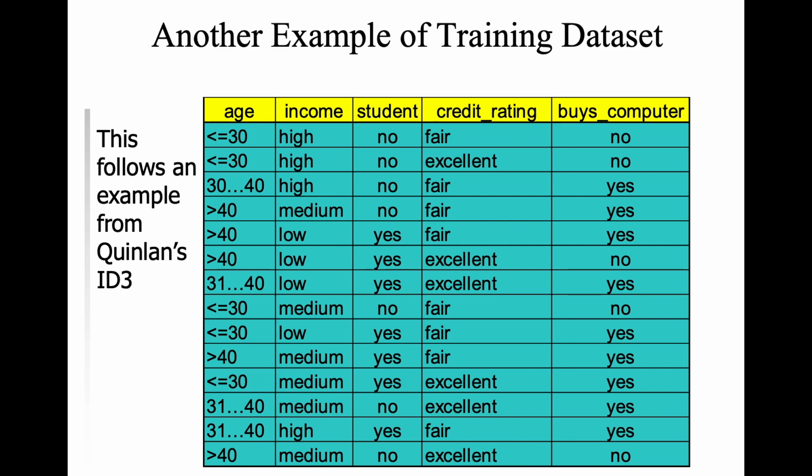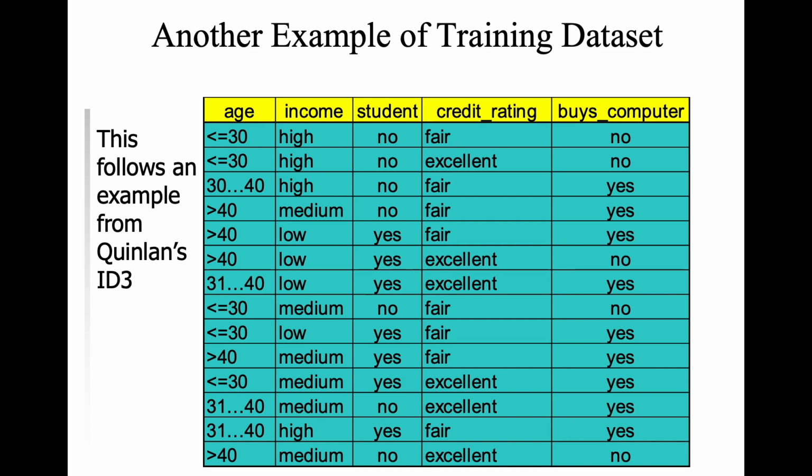So for example, let's say we have 3 instances of less than 30, and here we have no, no, no. In this case, because none of the people who are less than 30 years old buy a computer, and we have the same class label for all of them, we can say we reached the leaf.